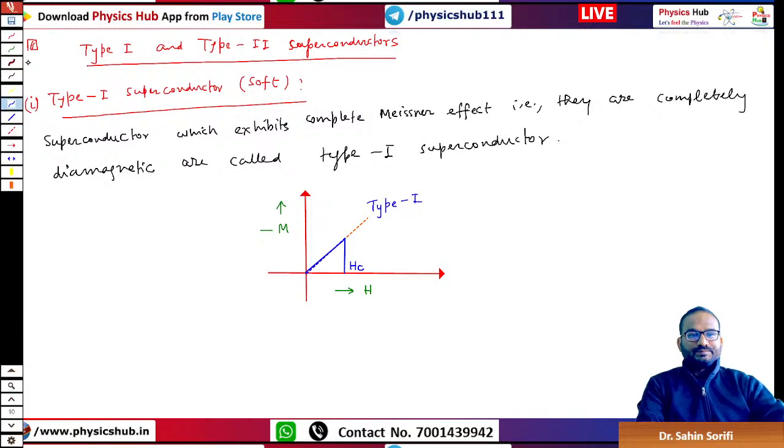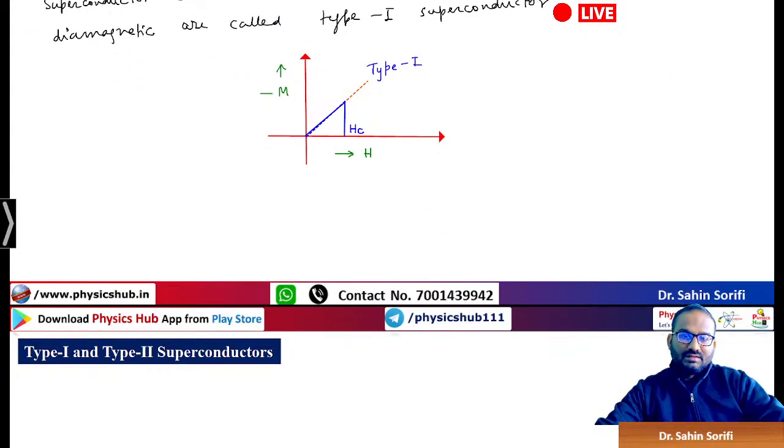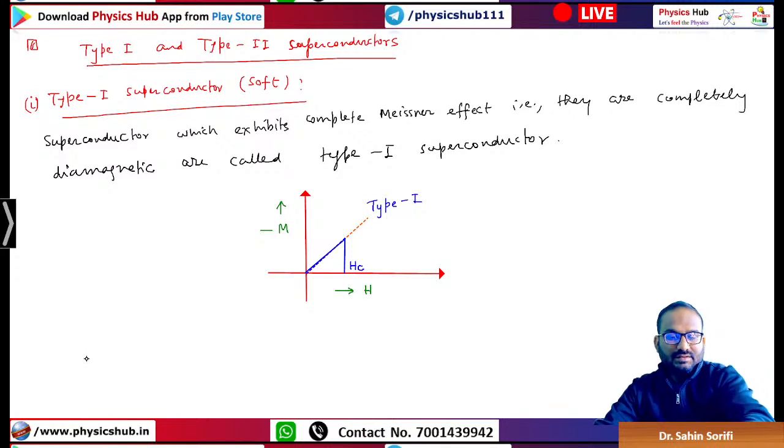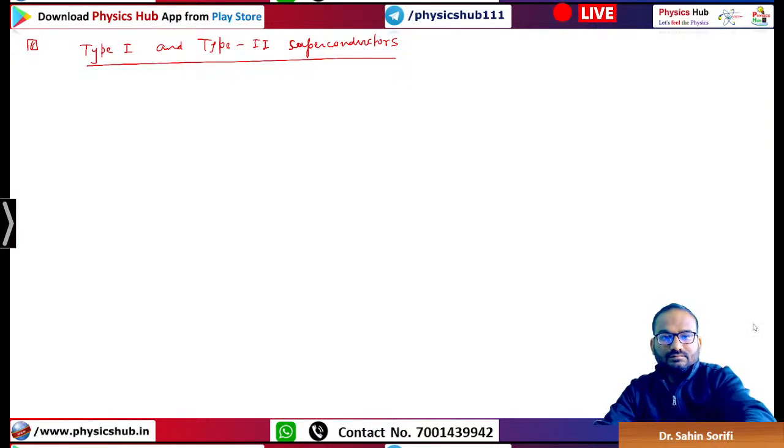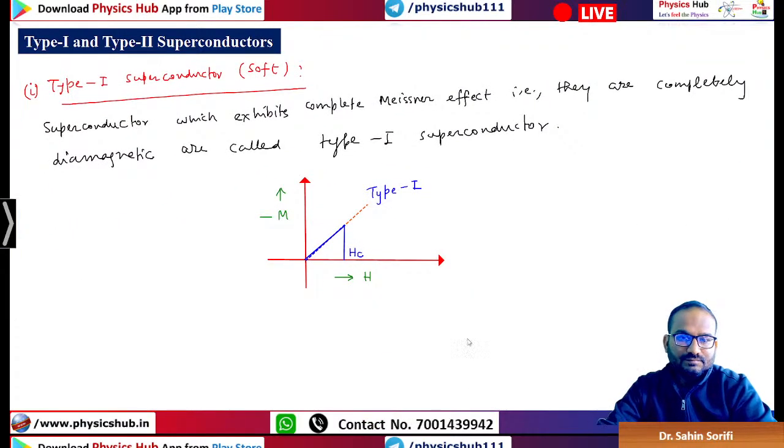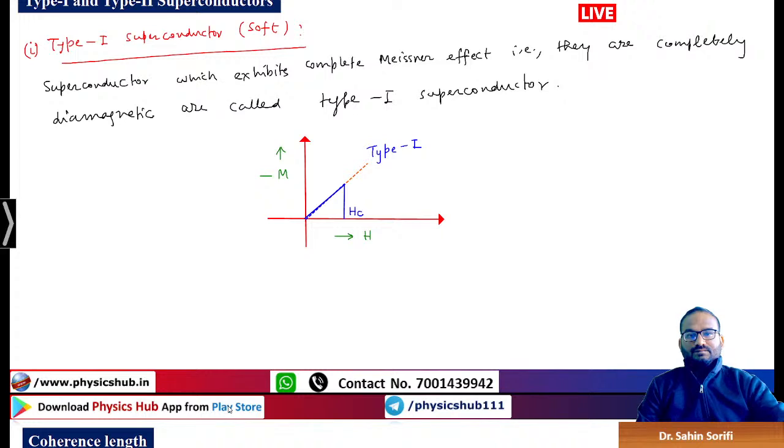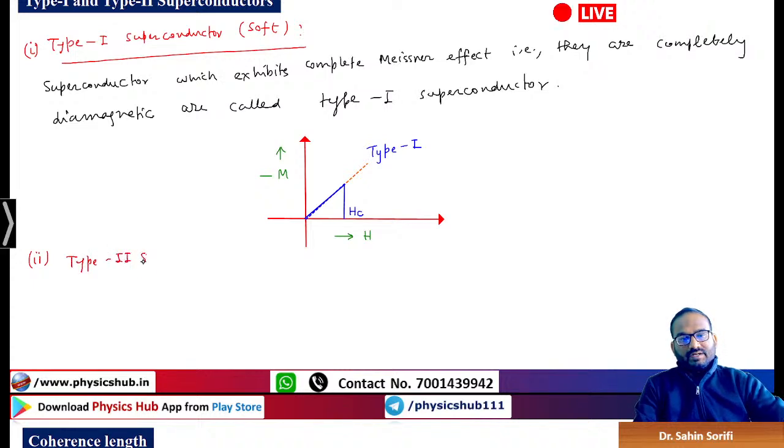Now for type 2, the second one is type 2 superconductor. This is known as hard.